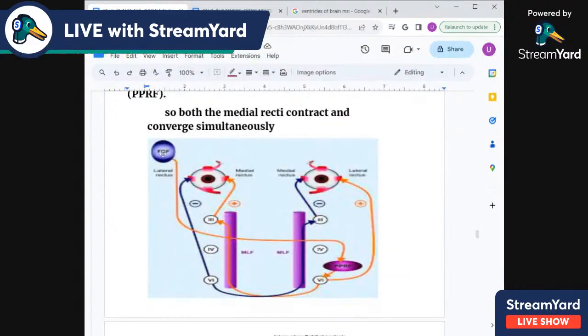Here also, this is frontal eye field area 8. And if you follow the orange line, it's connected to the PPRF here, PPRF to the abducens nucleus, to the lateral rectus ipsilaterally, and contralaterally to the medial rectus nucleus, oculomotor nucleus, to the medial rectus muscle.